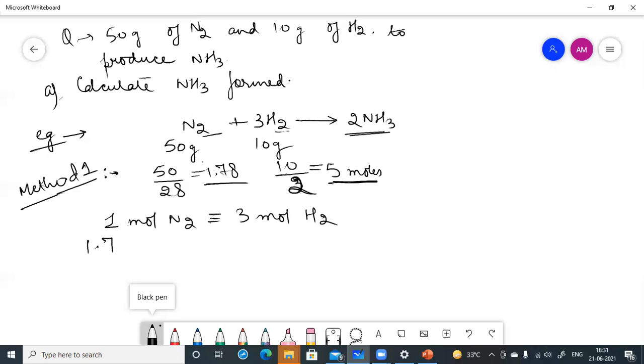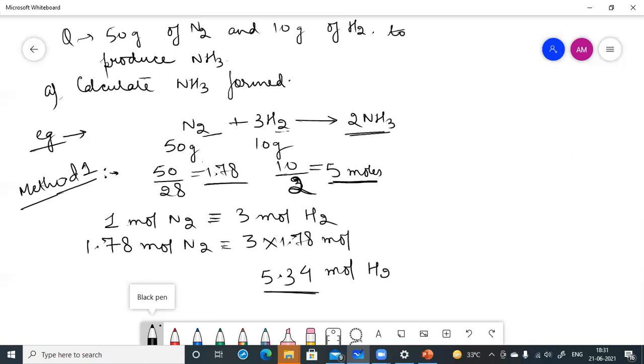So what amount of hydrogen will be required by 1.78 moles of nitrogen? That will be 3 into 1.78 moles, so this will be around 5.34 moles. This much moles of hydrogen is required.